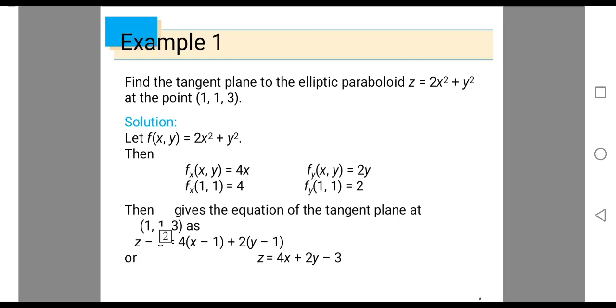Then the equation of the tangent plane at 1, 1, 3 is z minus 3 equal to 4 into x minus 1 plus 2 into y minus 1. What did we do? We just plugged in the values over here.